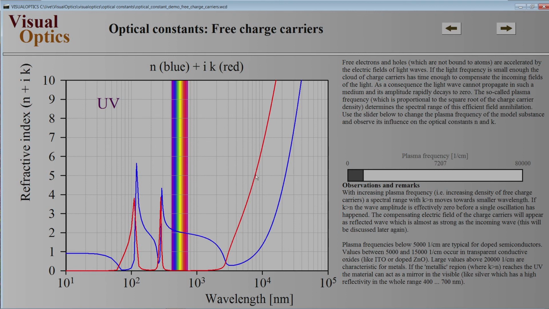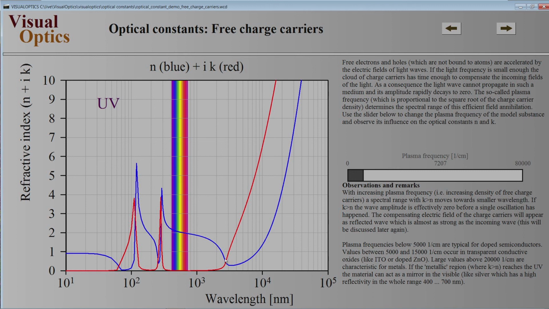K can be much larger than N, and this is the metallic behavior that I mentioned before when we discussed the light waves in vacuum. So here we have now in the mid-infrared and the far-infrared metallic behavior. Here we have the transition in the near-infrared, and in the visible we still have the so-called dielectric behavior, where N is much larger than K.